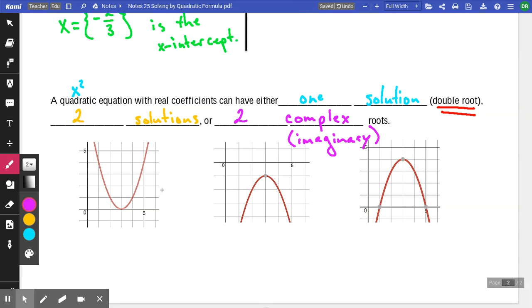So down here you see three graphs. Hopefully you see the y-axis and x-axis in each one. Just kind of showing you when we have two, one, or imaginary solutions, you find your x-intercepts. So this first graph here has just one x-intercept. That would be a case of a double root.